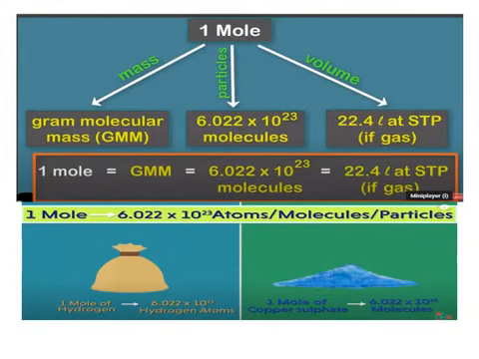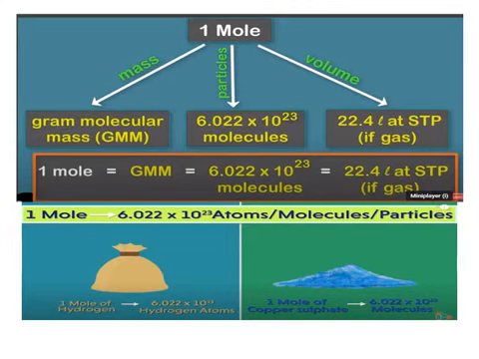So the concept of mole has been divided into 3 subunits and it is being placed here. Mole can be expressed as the mass in terms of gram molecular mass, that is GMM, as we have calculated before.